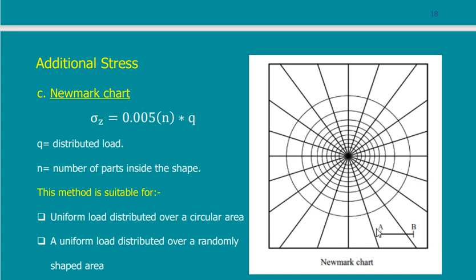So I use this as a scale, draw my footing with this same scale. If I want to calculate the stress at a depth of 5 meters below the footing, it means that from here to there, this is 5 meters, and I will calculate at this location.